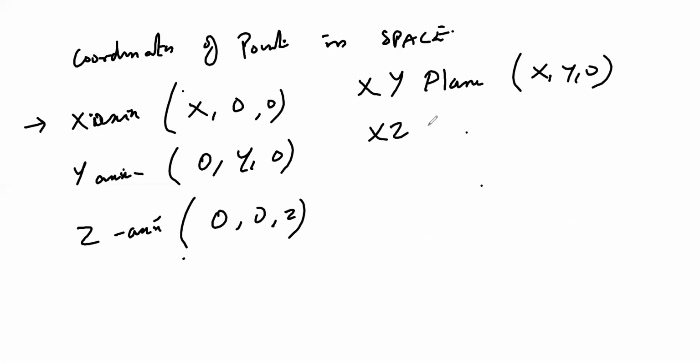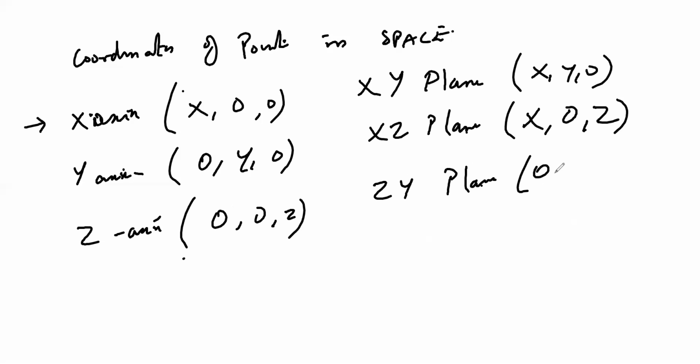If I take XZ plane, it will be X, 0, Z. And if I take ZY plane or YZ plane, it will be 0, Y, Z respectively. So this is nothing but what? Coordinates of points in space.